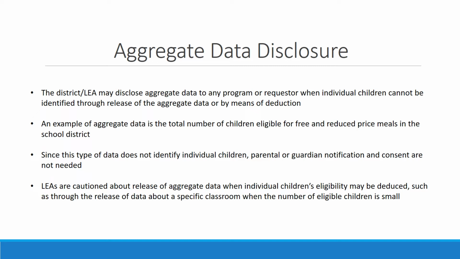Since this type of data does not identify individual children, parental or guardian notification and consent are not needed. LEAs are cautioned about release of aggregate data when individual children's eligibility may be deduced, such as through the release of data about a specific classroom when the number of eligible children is small.